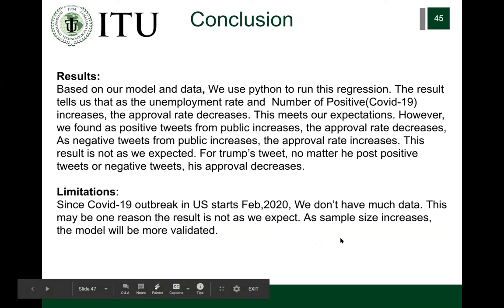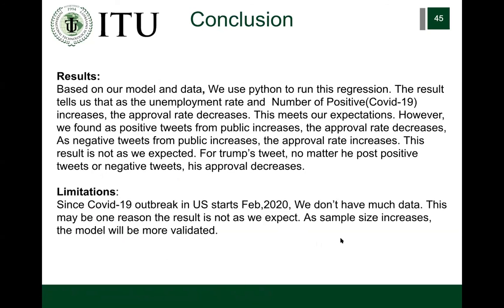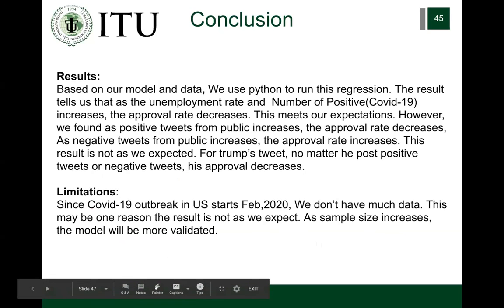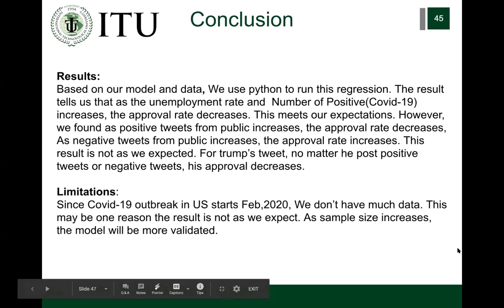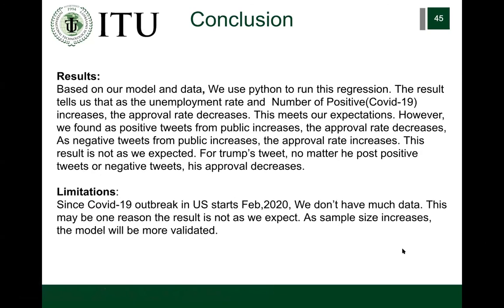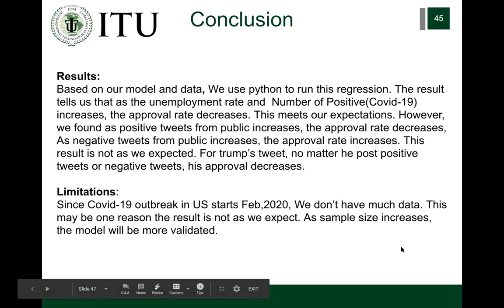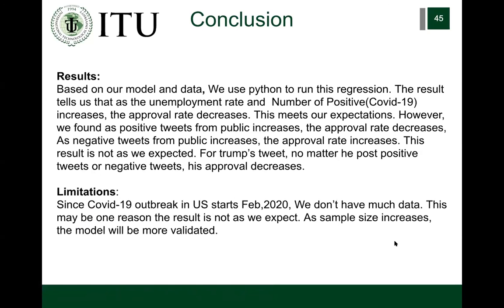However, we found that as positive tweets from the public increase, the approval rate decreases. As negative tweets from the public increase, the approval rate increases, and this result is not what we expected. For Trump's tweets, no matter whether he posts positive or negative tweets, our results show his approval rate will decrease.